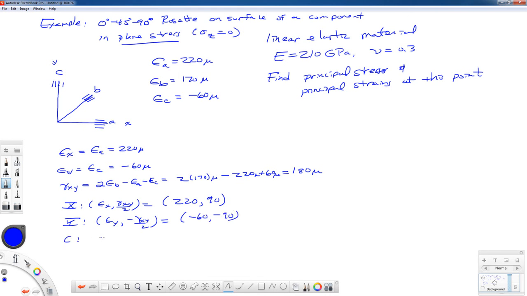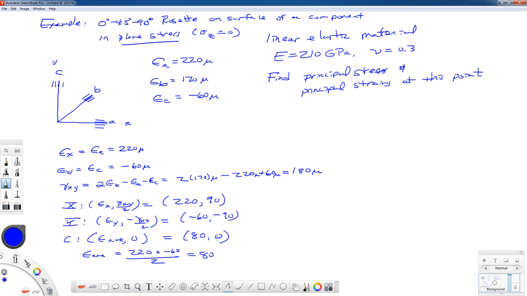And the center of the circle is epsilon average comma 0, and the average is going to be 220 plus a negative 60 divided by 2. Let's see what we get for that. That's 80 microstrain. So the center of our circle is going to be 80 comma 0.